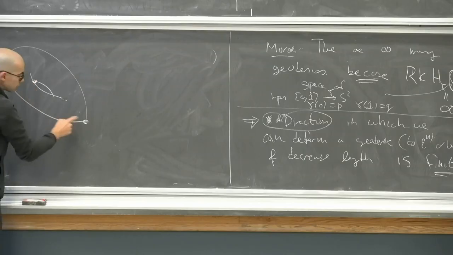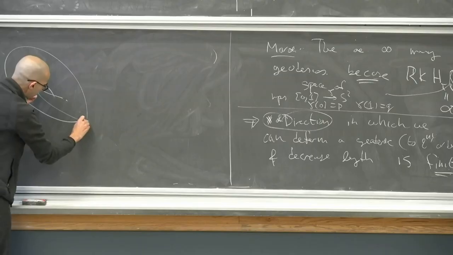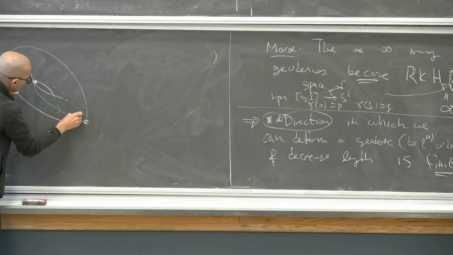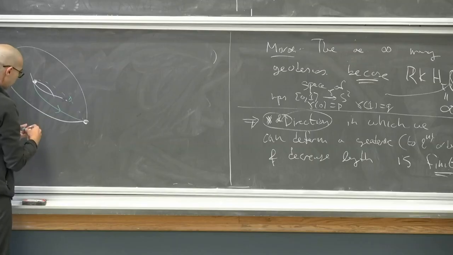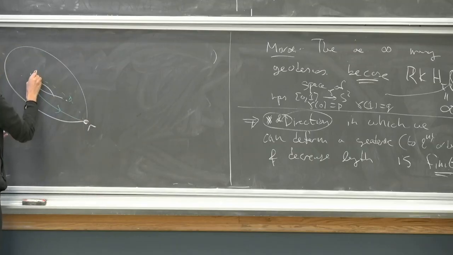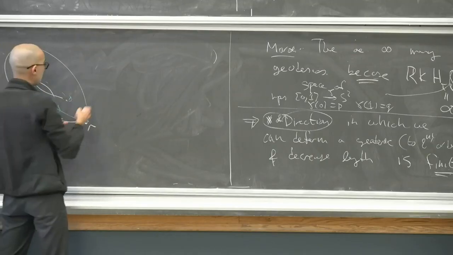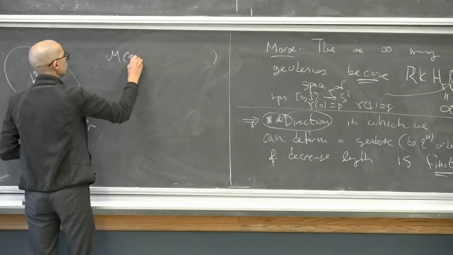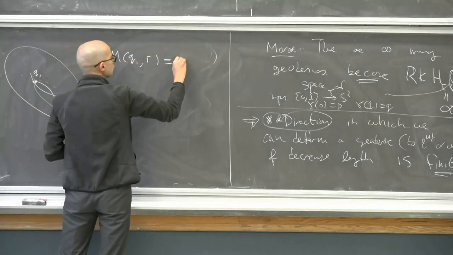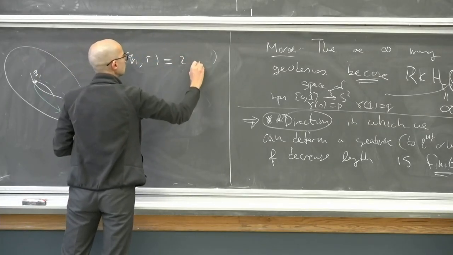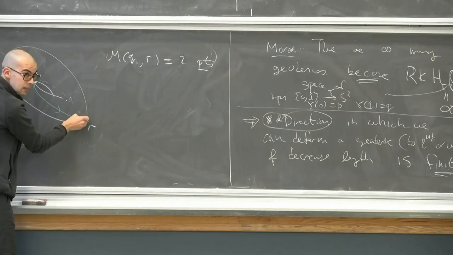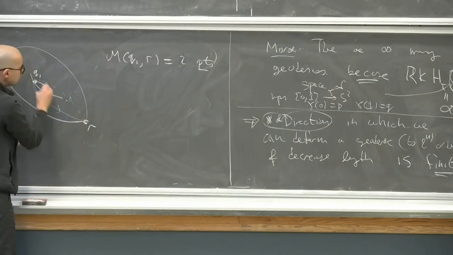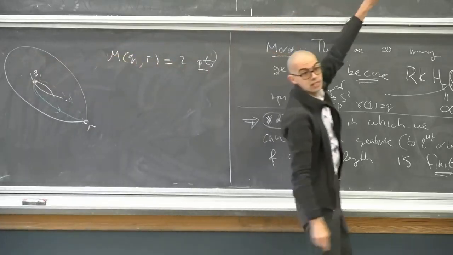If I take this critical point and this critical point, I look at all the gradient solutions. There's going to be one that goes this way and one that goes this way. Let's call this critical point R and let's call this Q1. What I get is that M(Q1, R) consists of 2 points: the gradient trajectory that goes here and the gradient trajectory that goes in the back. Of course you see a whole line, but this line is exactly why we're translating by R.